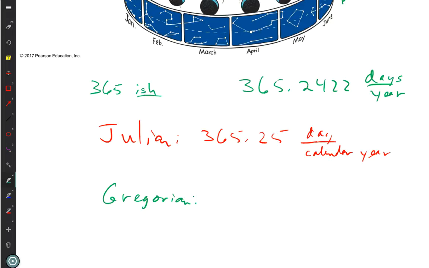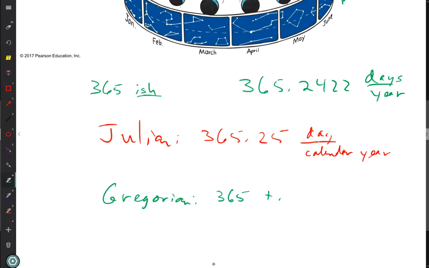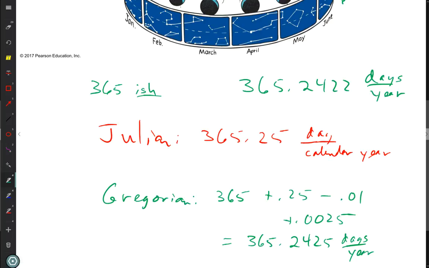So that's adding 0.0025 back in. So with the Gregorian calendar, you have 365 plus 0.25 minus 0.01 plus 0.0025 is equal to 365.2425 days per year. It's not perfect, right? Still not 2422.